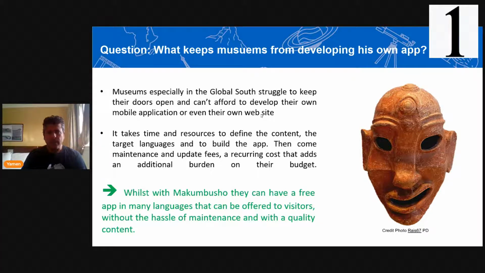And after building it, we have to maintain it, and there are update fees, and we have to update the content and maybe do the translation. Whilst with Makumbusho, they can have a free app in many languages that can be offered to visitors without the hassle of maintenance and with quality content.